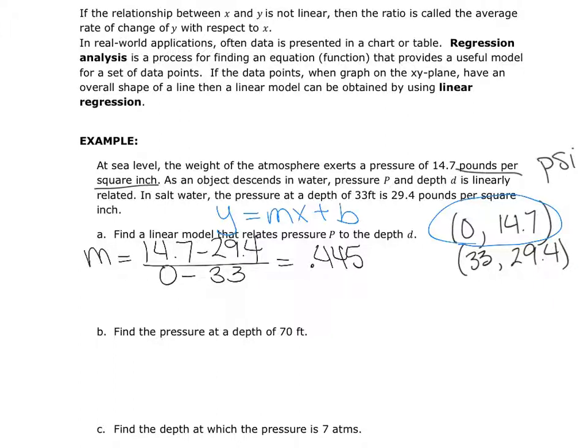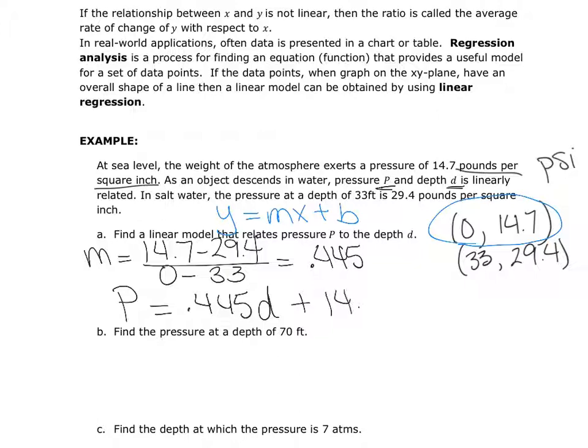Now I'm going to use that y equals. So P, and we will be talking about functions next lesson. So I'm going to just write P is equal to 0.445 D. I don't get to use X because they want us to use P for Y and D for depth, plus, and I get to use that ordered pair, 0, 14.7, because that is the y-intercept.